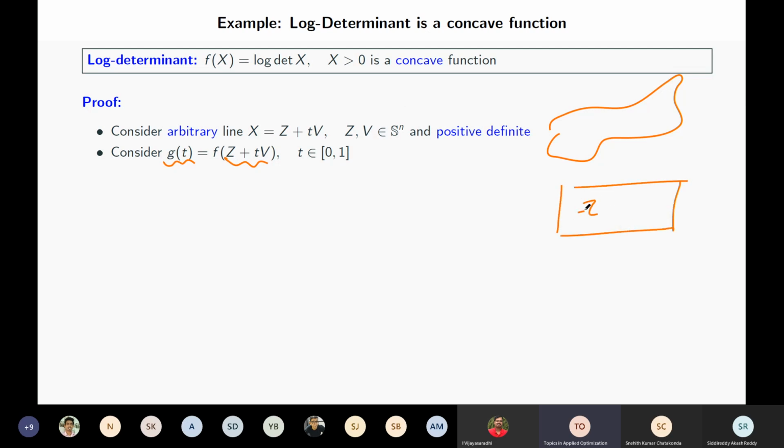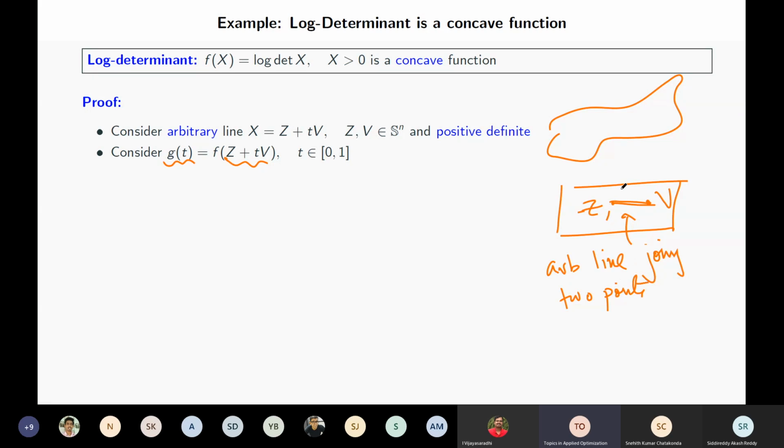In the domain there are matrices like Z and V. These are points in the domain, and then we consider an arbitrary line. It is an arbitrary line because Z and V are arbitrary, joining 2 points.